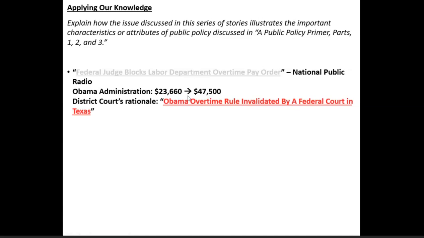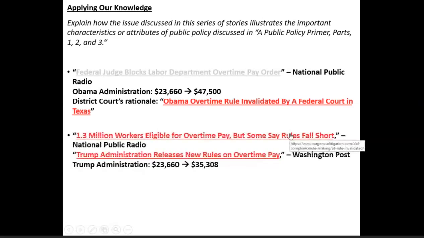can be paid time and a half overtime. Okay, the story indicated that a federal judge stepped in and said, no, you're not going to do that. Now, subsequent to that, President Trump was elected, and the Trump executive order reconsidered that 47.5 figure, and eventually by 2019, they had revised the rule to 35.3.